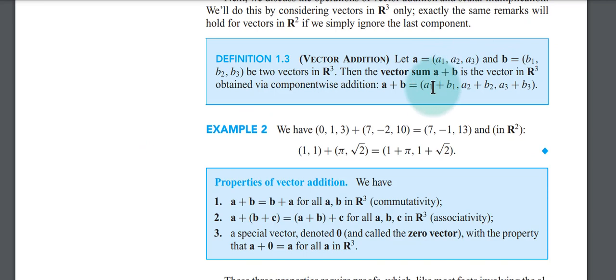A plus B means you take the first entry of A, which is A sub 1, and you add it to the first entry of B, which is B sub 1. So you get A sub 1 plus B sub 1. We know what this means. But what are the implications of this definition visually or geometrically?